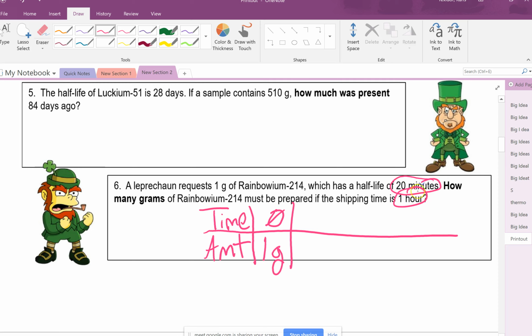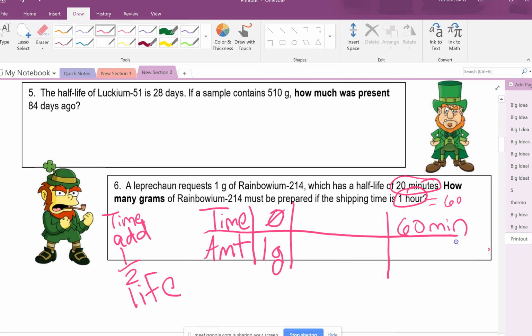Our half-life is 20 minutes, so let's change 1 hour to 60 minutes. For time, you always add the half-life. We do the time first because we have both the front and the back. 0 plus 20 is 20, 20 plus 20 is 40, 40 plus 20 is 60.